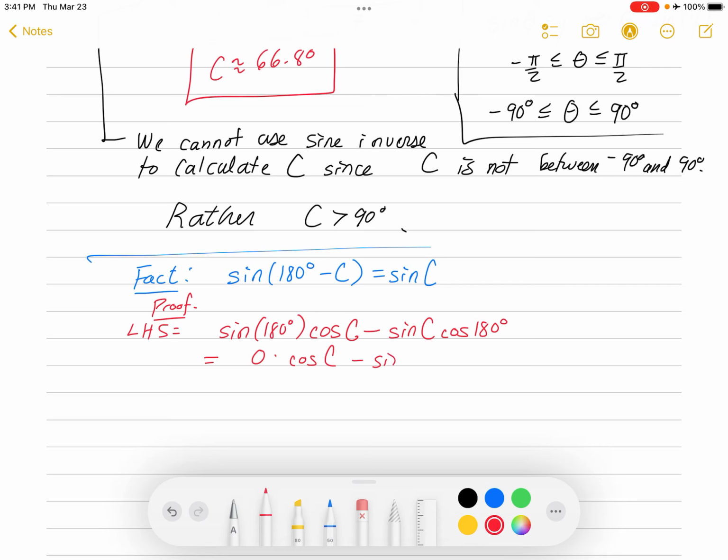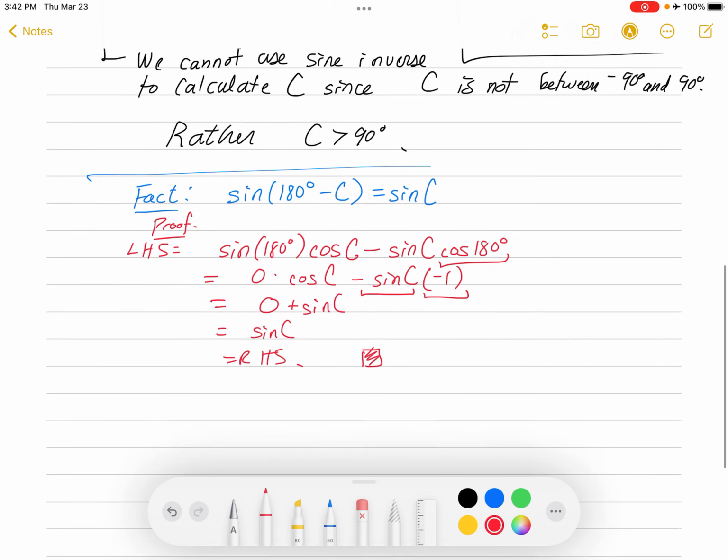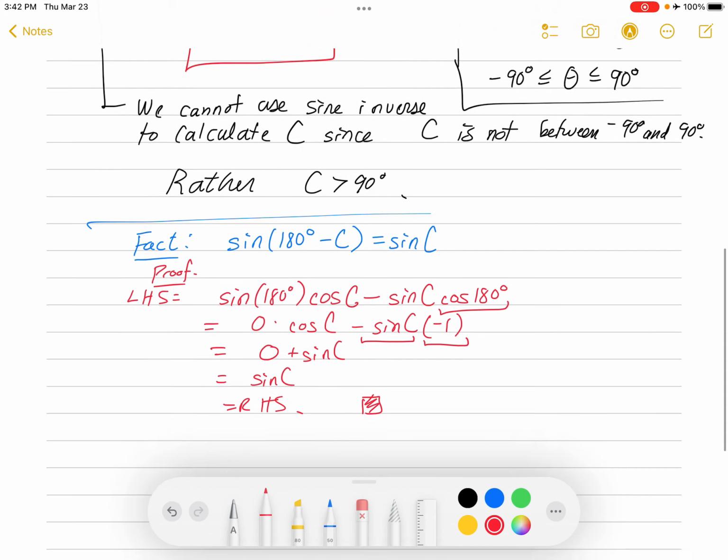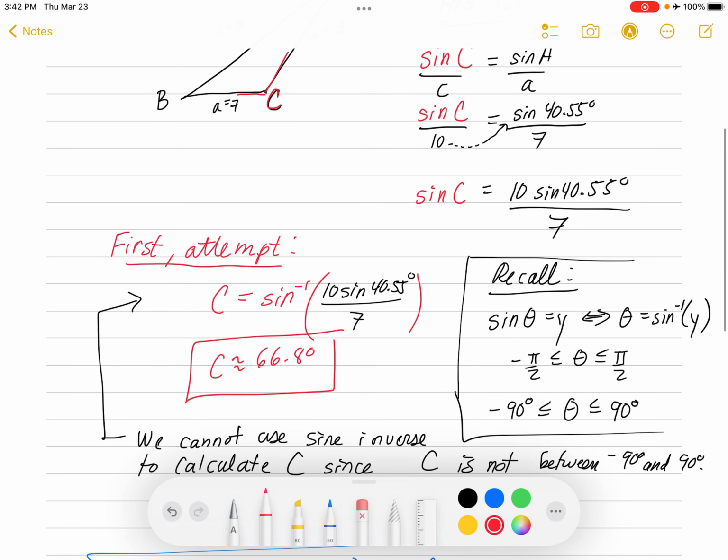Cosine of C is cosine of C. I have minus sine of C. Cosine of 180 is actually negative 1. So I end up with 0, and negative sine C times negative 1 is positive sine C. So I get sine of C, which is the right-hand side of my equation. So that fact is actually useful: sine of 180 minus C is sine of C.